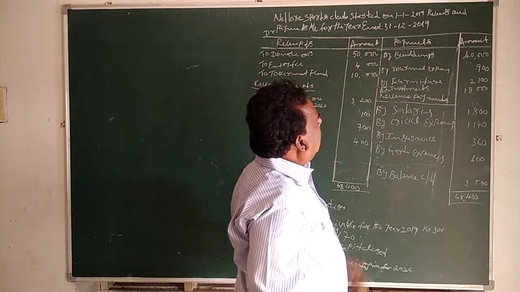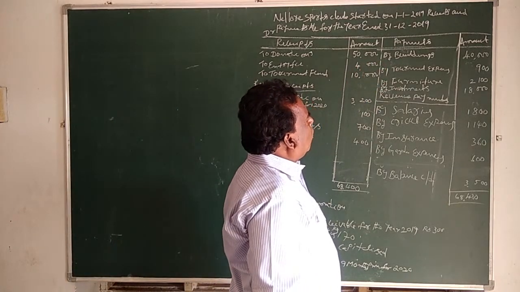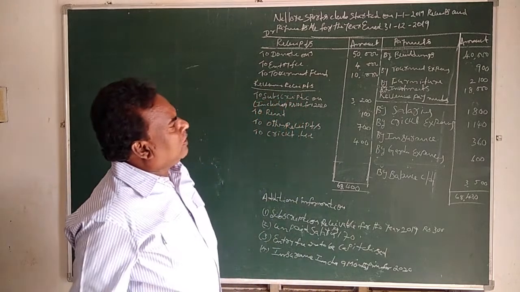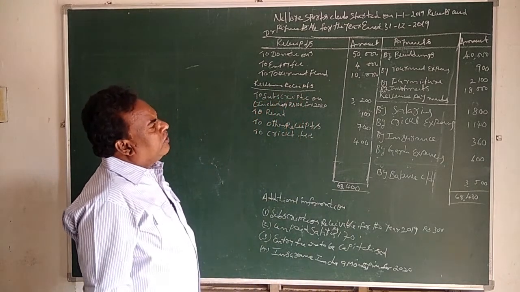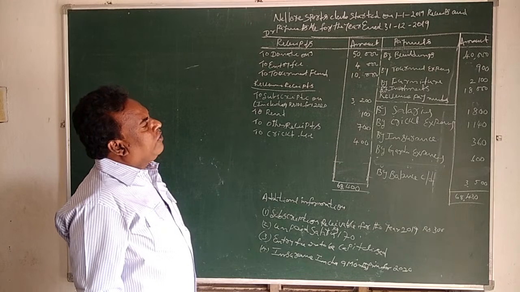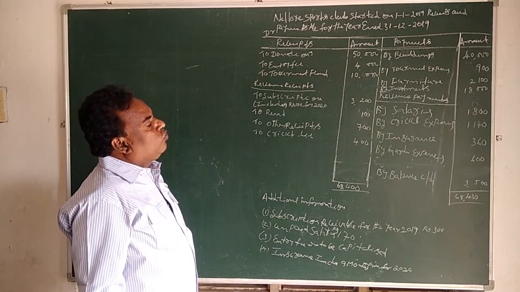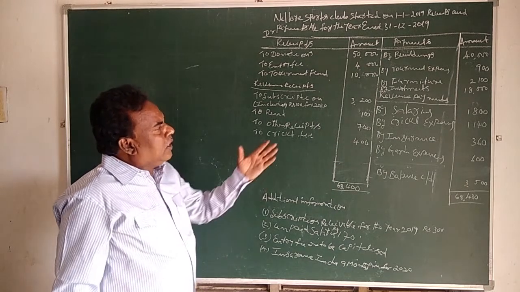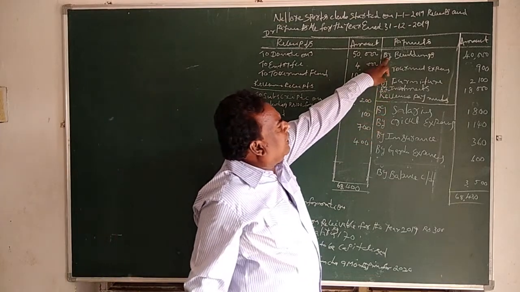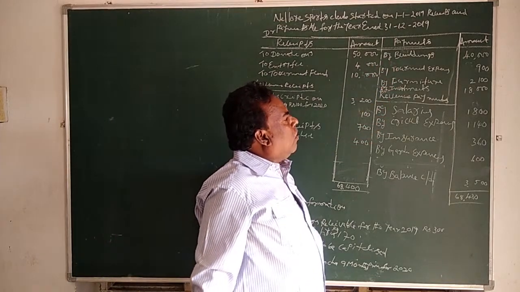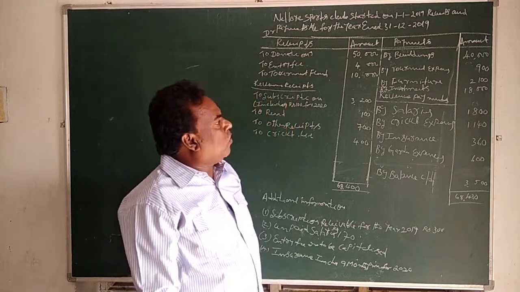Similarly, capital payments: buildings 40,000, tournament expenses 900, furniture 2,100, investments 18,000. Buildings are an asset acquisition, not recorded in the income and expenditure account.